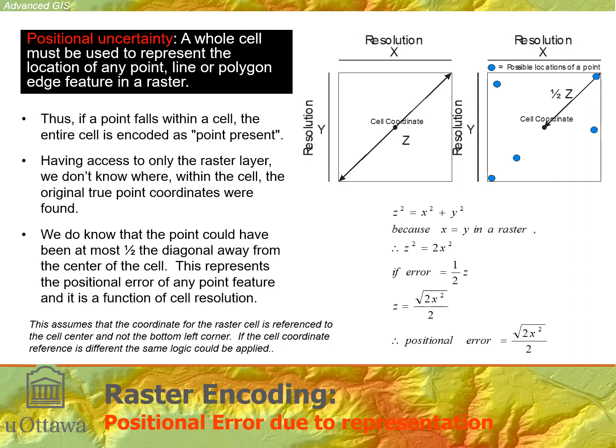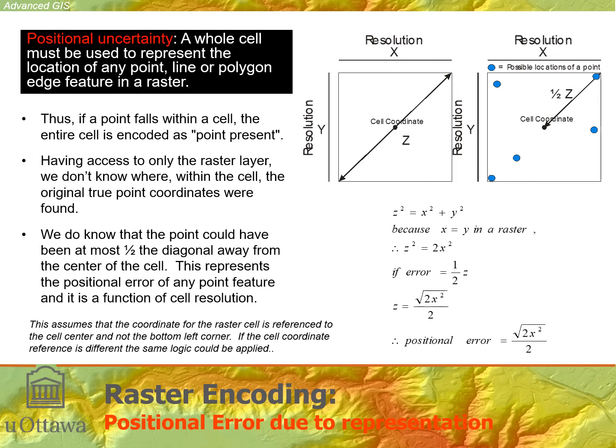So this leads directly to how we can know and calculate the location uncertainty due to simply representing something as a raster model of reality. So the positional uncertainty is what we're interested in.